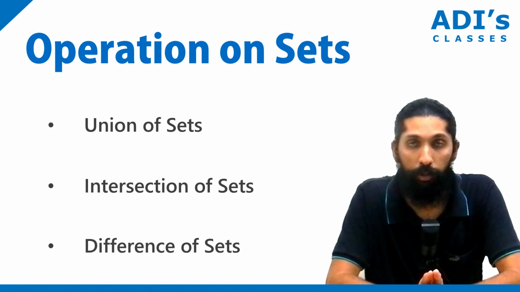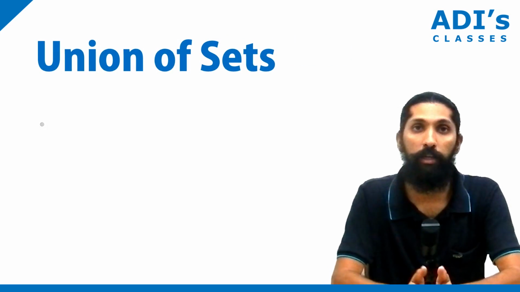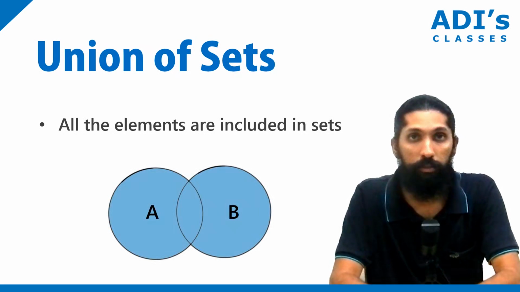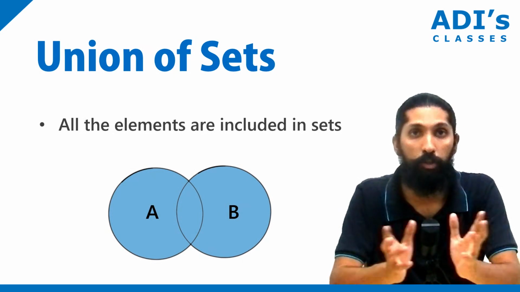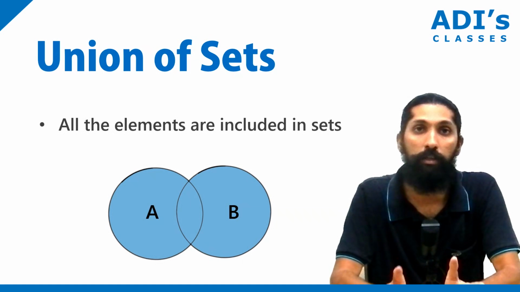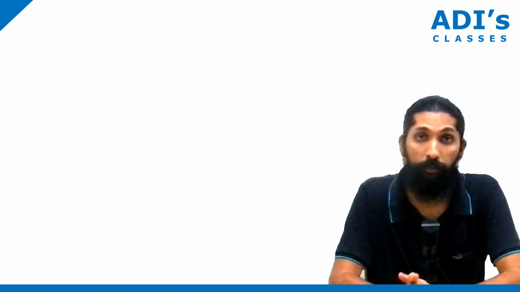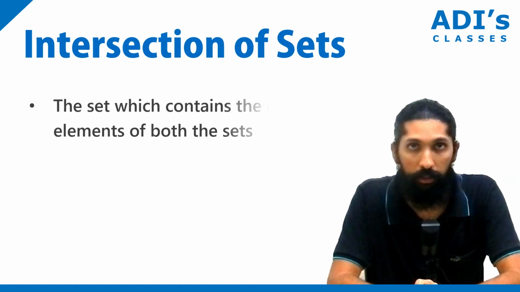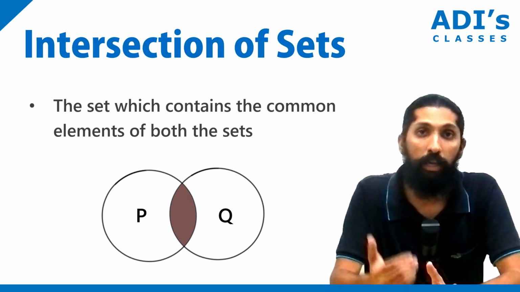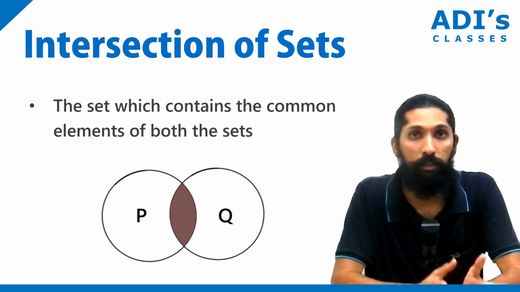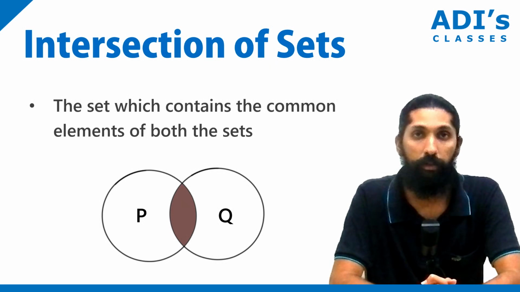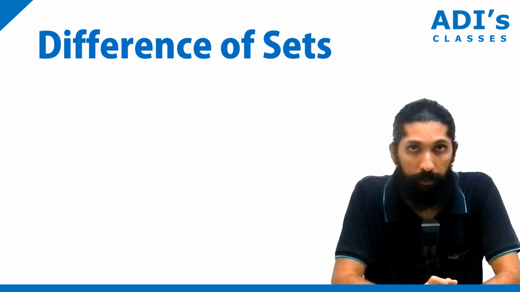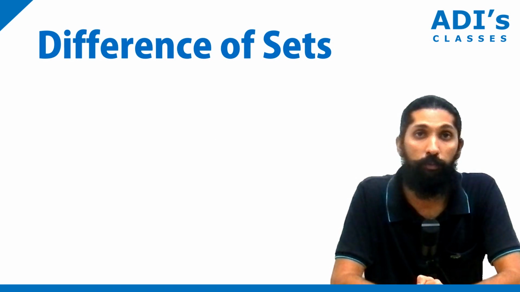Now, whenever we talk about union of a set, it is where multiple sets are joined, in the sense the elements are taken together. That is basically union of sets. Then whenever we talk about intersection, it is when the common elements are taken out, and that is basically intersection, right? Then we have difference of sets. Difference in the sense what?